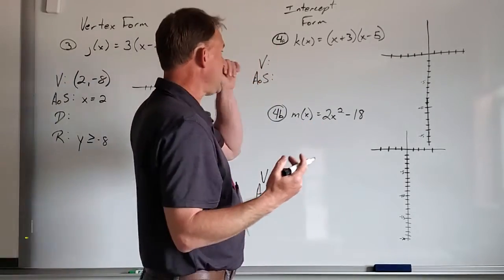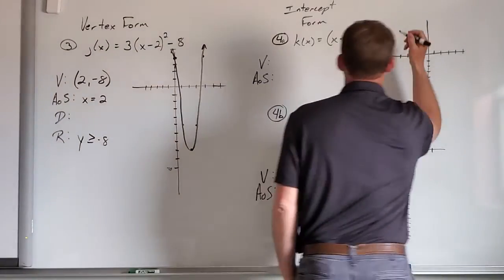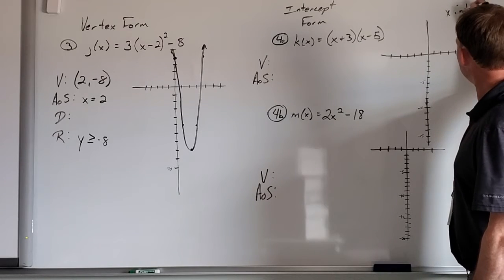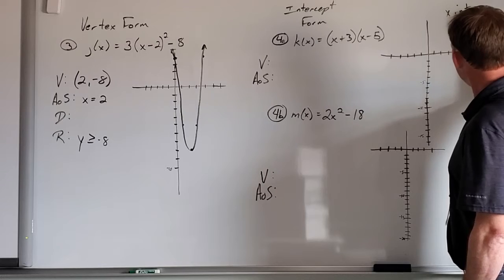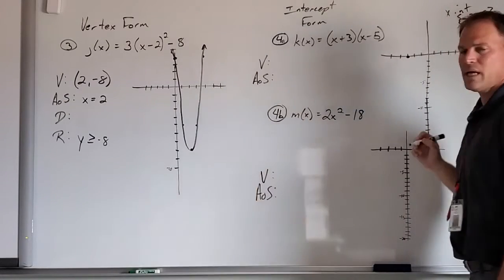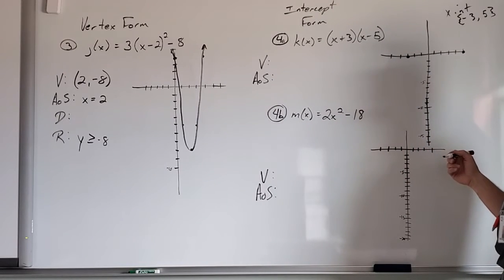When I look right here, I can tell the intercepts. So I know my x-intercepts are going to be the opposite of what's in parentheses. So the x-intercepts are going to be -3 and +5. Remember, that's not a coordinate, that's two different x-intercepts, okay? So now I need to find the middle of those two. I need to find the axis of symmetry.